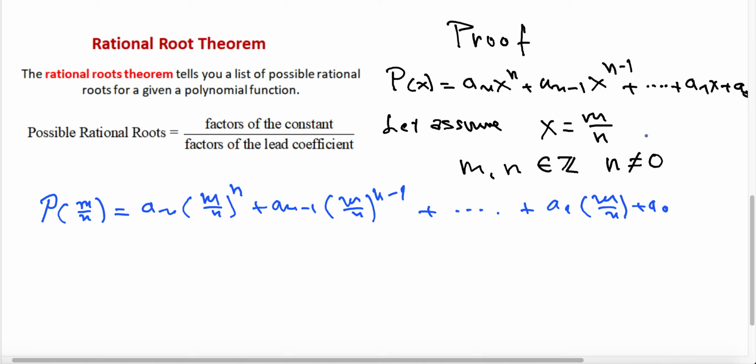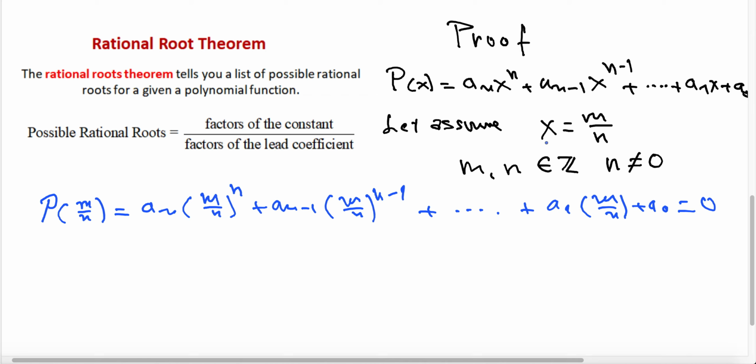And since x is equal to m divided by n, so since m over n is a root of this polynomial function, if we are plugging it in the remainder theorem, this is going to be 0.